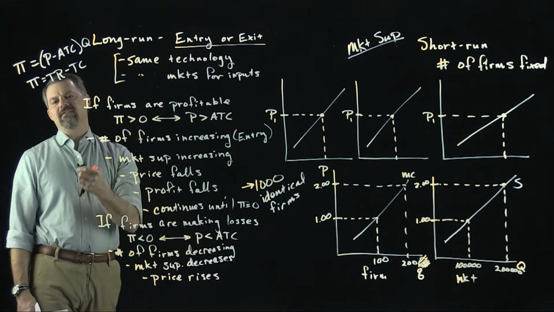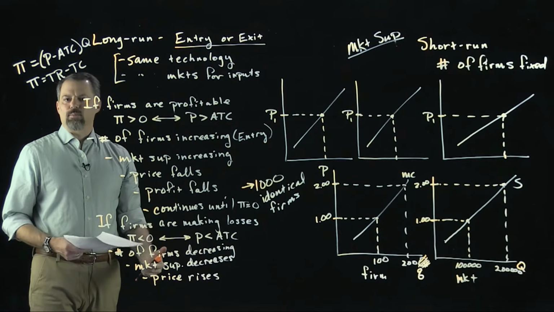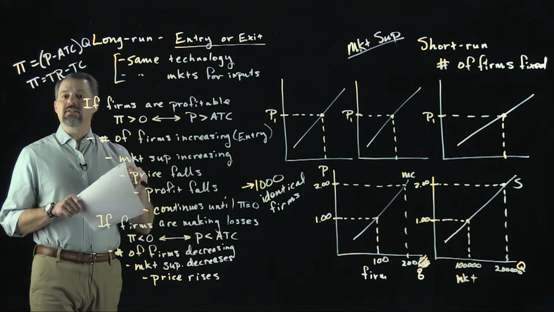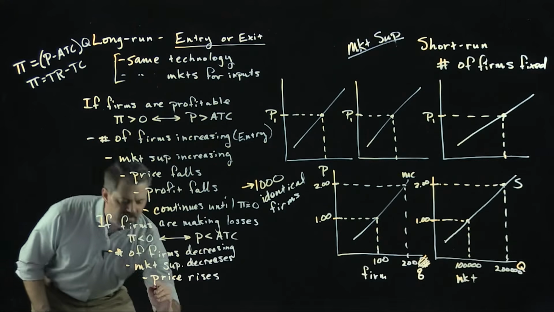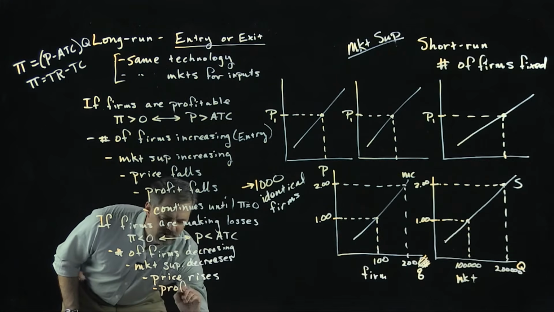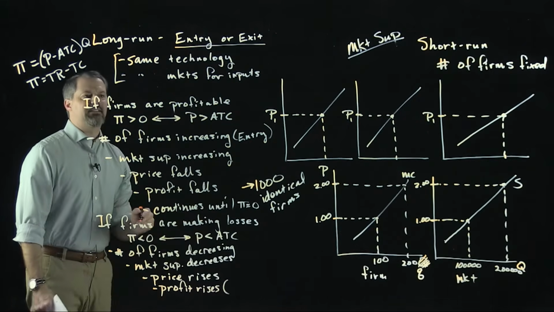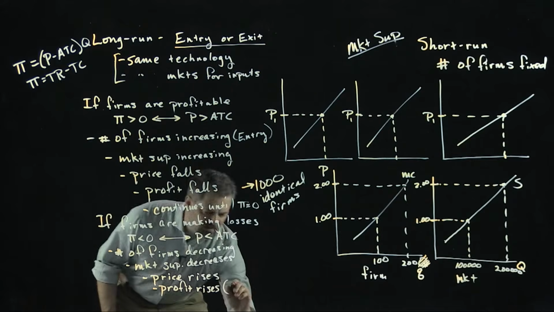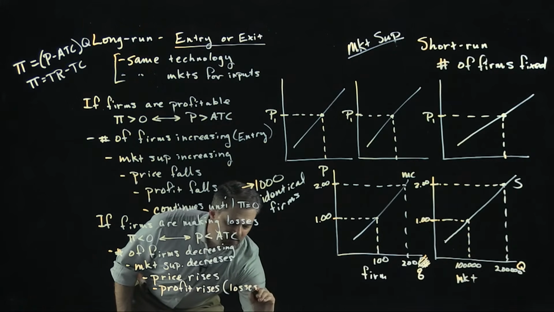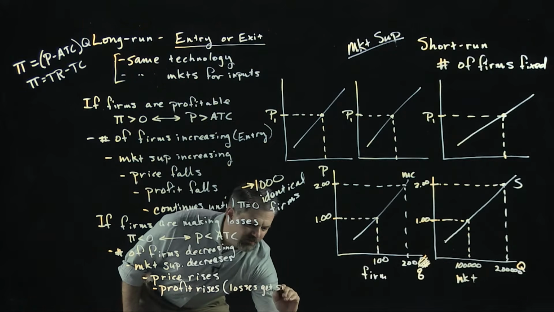Now remember that profit is negative. So for profit to rise, that means the losses are getting smaller. So I'm going to say here, profit rises, but let's put here in parentheses that the losses get smaller.